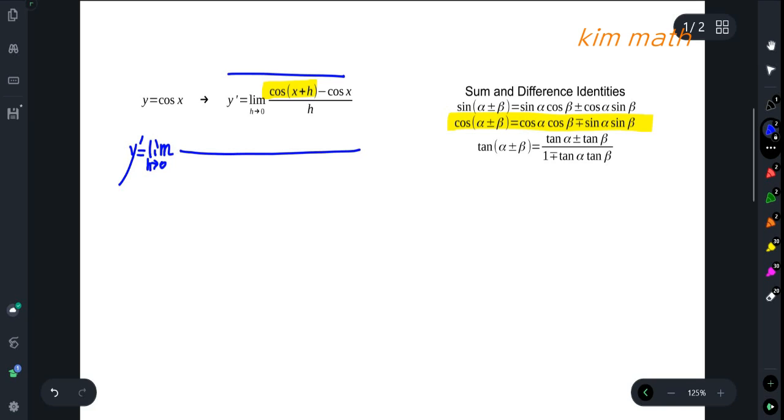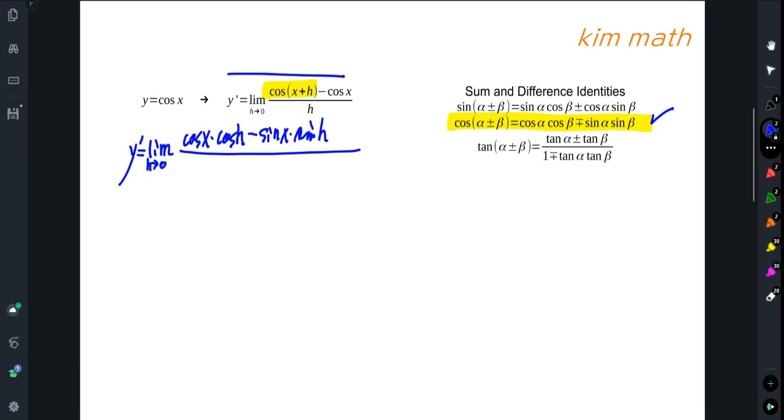Now cosine of x plus h, again, if I use this one directly, cosine x cosine h minus sine x times sine h, right? And at the end of this expression, you have a negative cosine x over h.